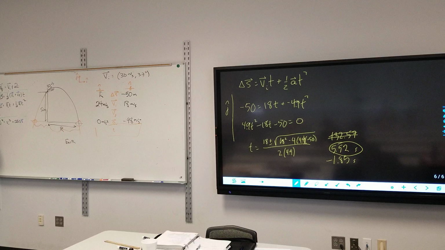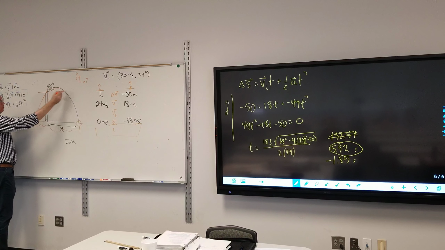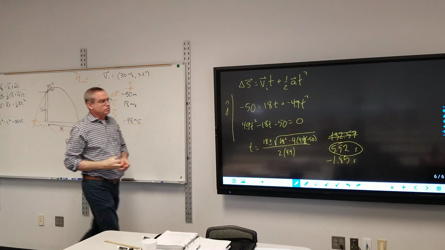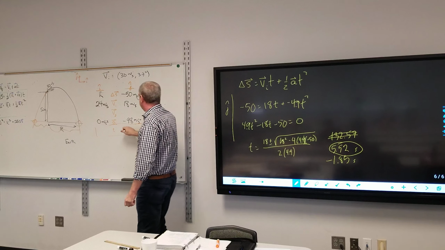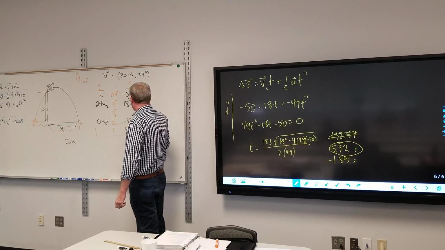So it doesn't have physical meaning here, but it does have meaning. If it did go backwards in time and then we just picked it up at this point in the journey, that would be the time there. But the positive one has actual physical meaning here. Seconds.